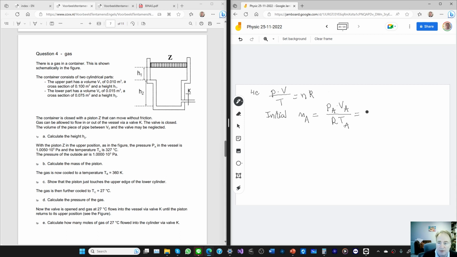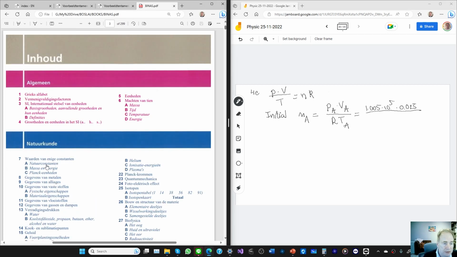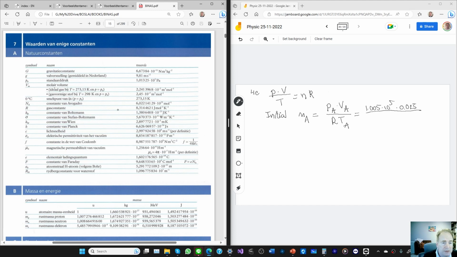And the pressure was given there. The volume is known. R is to be found in Binas, 8.314.